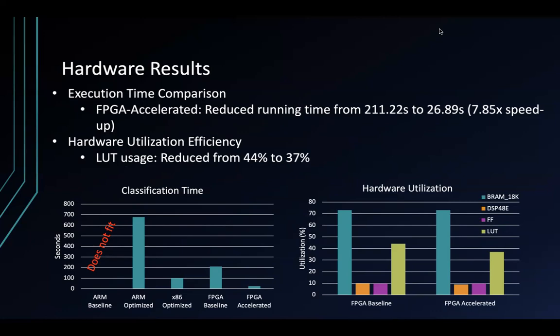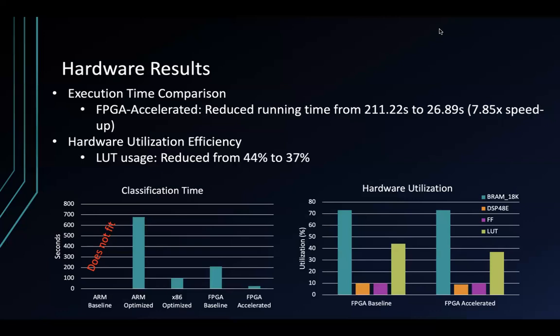This reduction in processing time brings us closer to achieving near real-time image processing for practical applications. In terms of hardware efficiency, we not only enhance speed, but also optimize the resource utilization of our LUTs, dropping it from 44 to 37% without significantly reducing the quality of the computation.